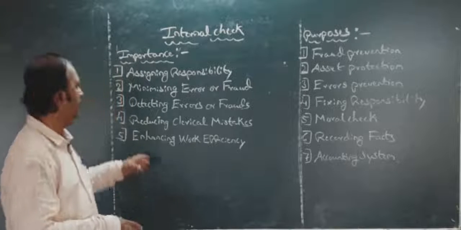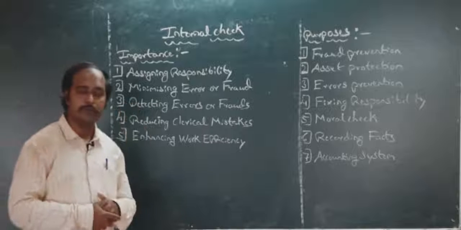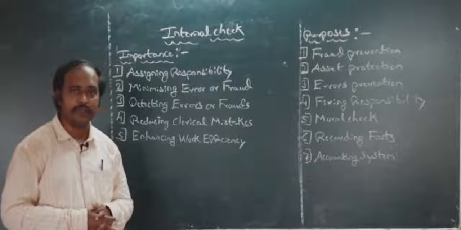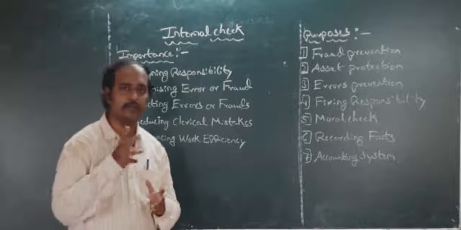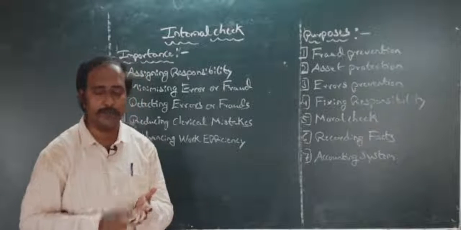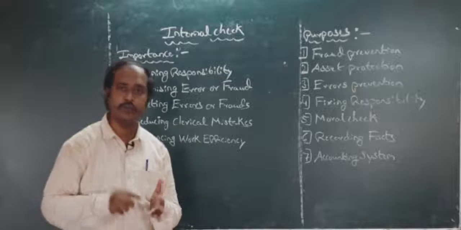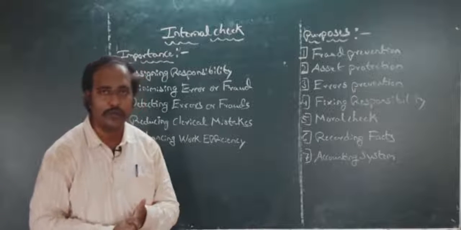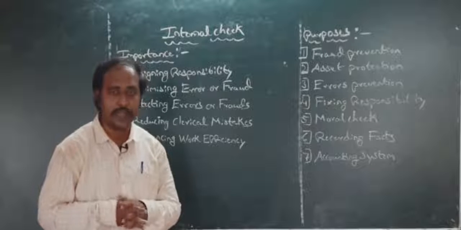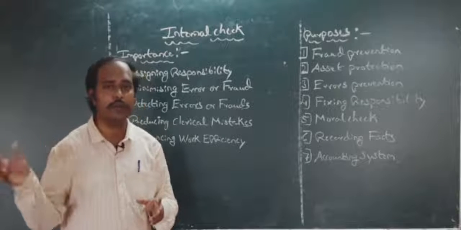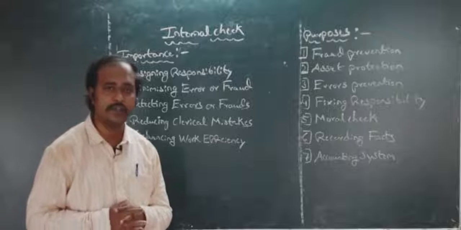In this way the frauds and errors can be minimized, because both persons, the person who has prepared the account and the person who is going to check the accounts, know what their duty is, and these duties are allocated by the organization itself.